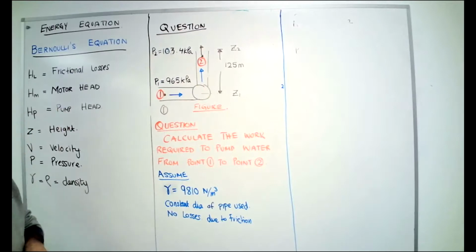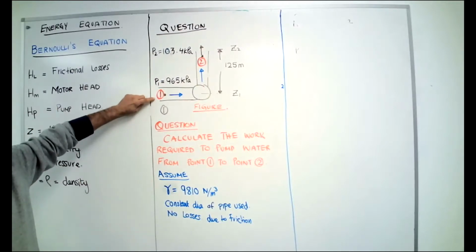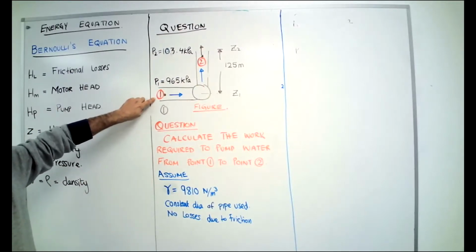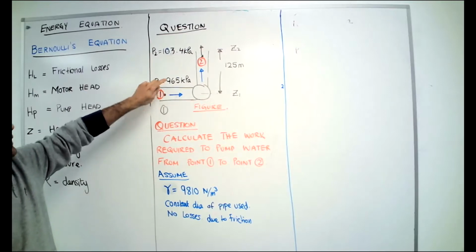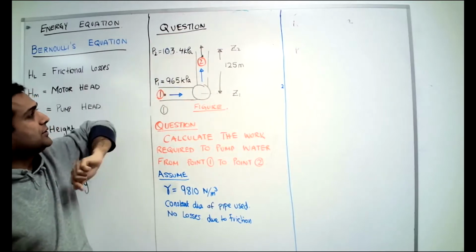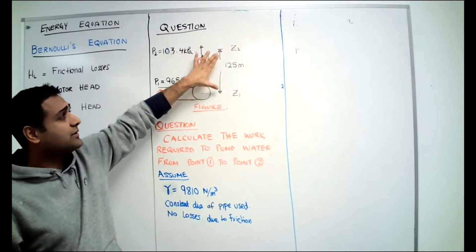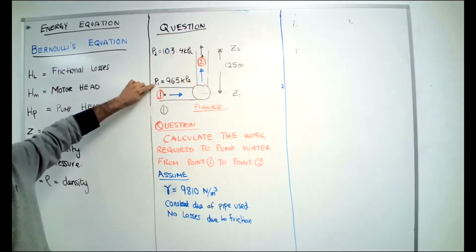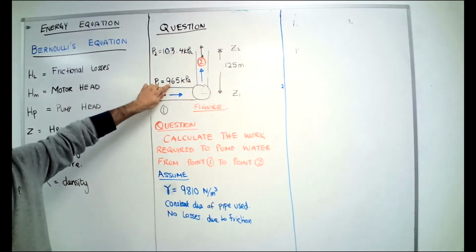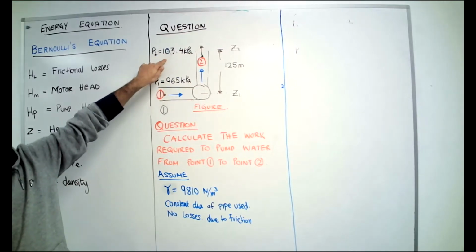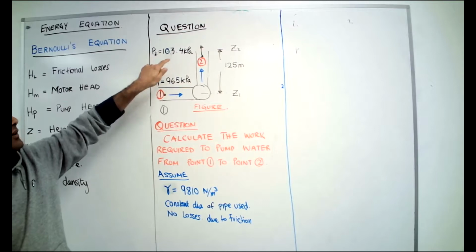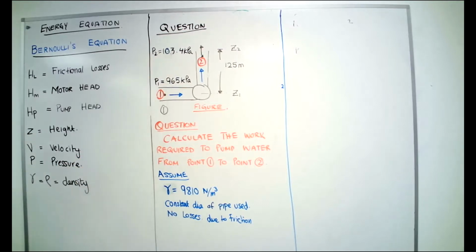We want to calculate the work done to lift the water from point 1 all the way up to point 2. The difference between the height of point 1 and point 2 is 125 meters. The pressure at point 1 is 96 kilopascal, and the pressure at point 2 is 103.4 kilopascal. So this is the information given.